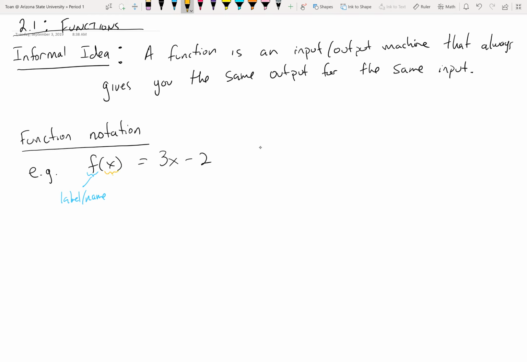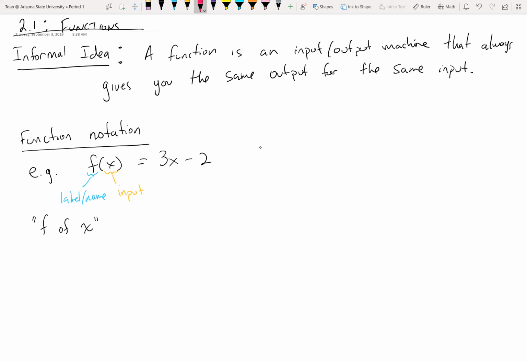And the stuff inside the parentheses is the input, right? So a common mistake students make is that they read that as, oh, that's f times x, which is not the case in function notation. We actually read that as f of x, which probably doesn't help any further because in math, the word of does mean multiply. But in this case, it simply means the function value at x.